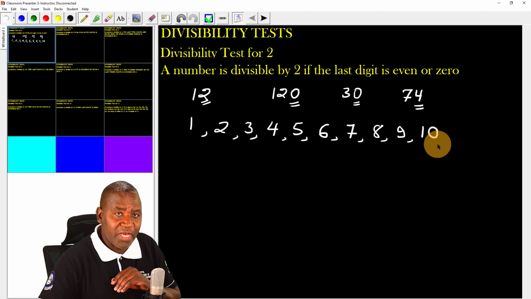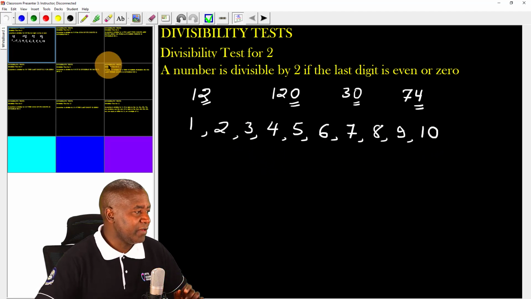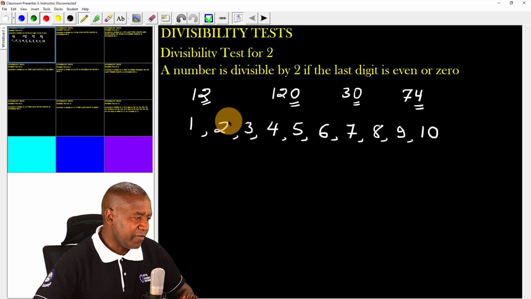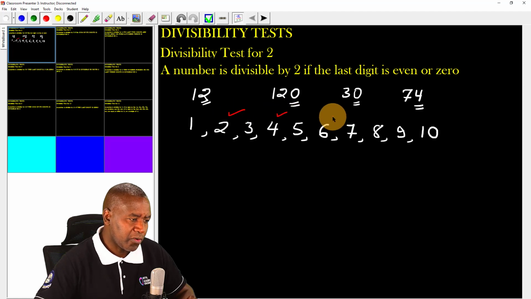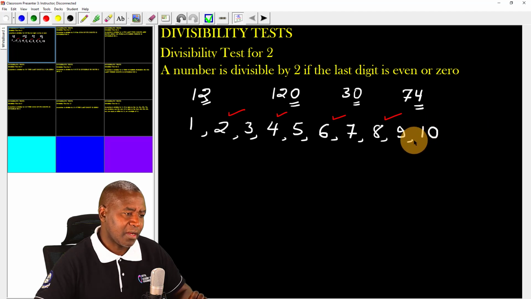There, because of that is 0. So let's look at the even numbers. The even numbers comprise of 2, 4, 6, 8, and of course, if we continue like that, 10 and so forth. But if we limit ourselves to the numbers between 0 and 10, these are the even numbers.